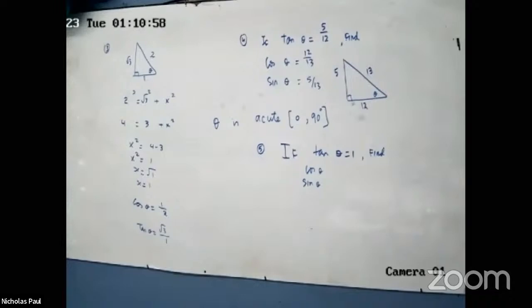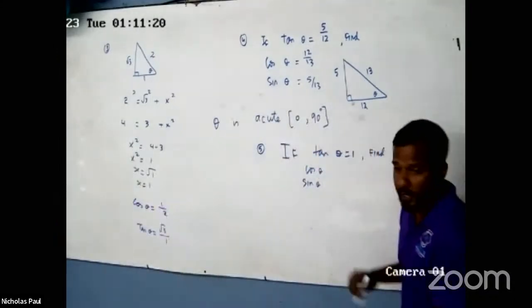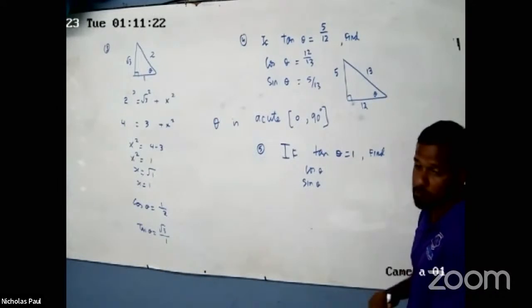Right, next thing, try to figure this one out. Just figure out what values you're going to put on the triangle. It could be anything you want, once you get one.